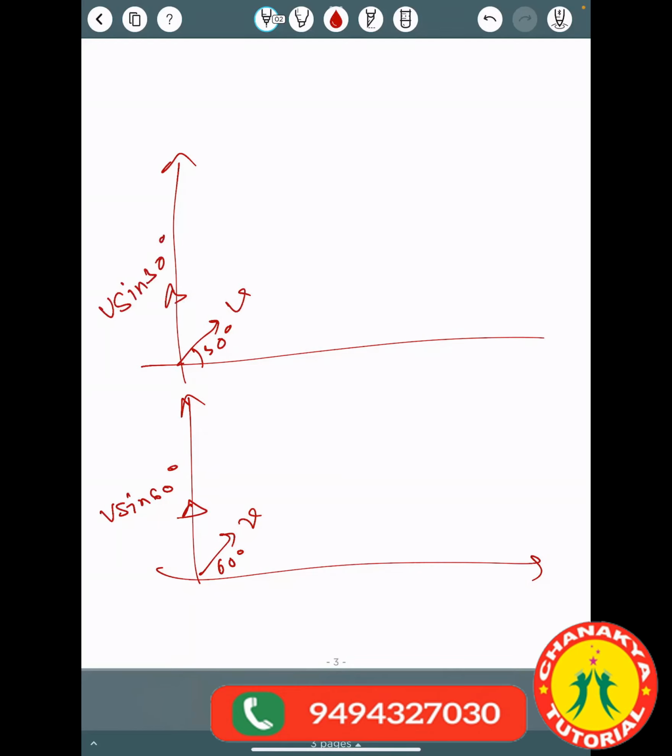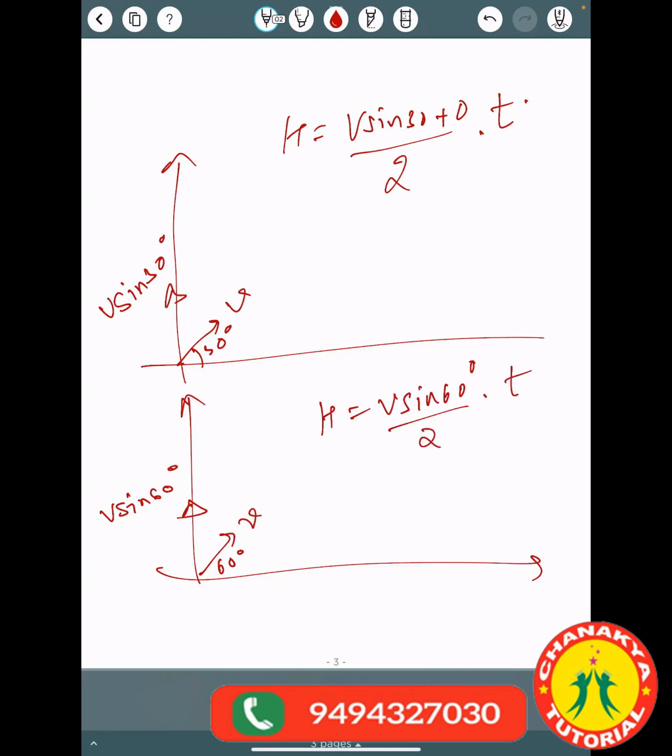For maximum height, what is the formula here in this case? It is (v sin 30 plus 0) divided by 2, into time, correct? Here h is equal to (v sin 60 plus 0) divided by 2, into time. Correct, no?